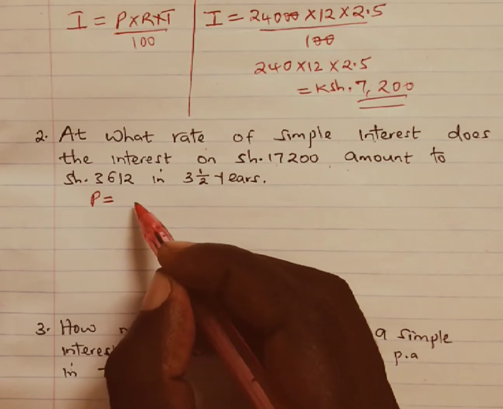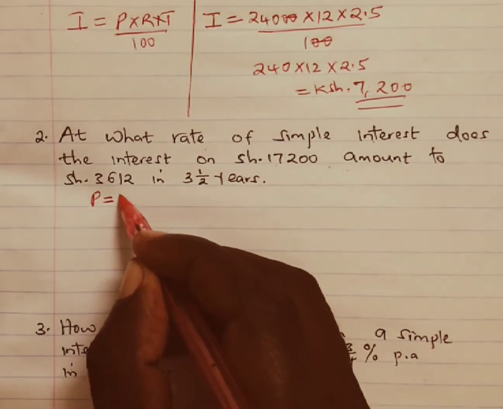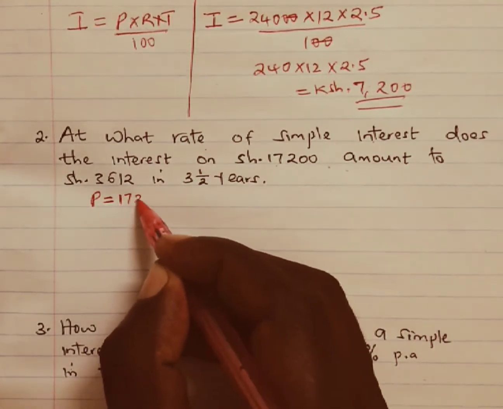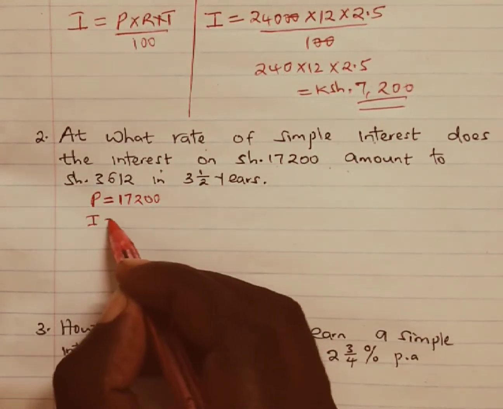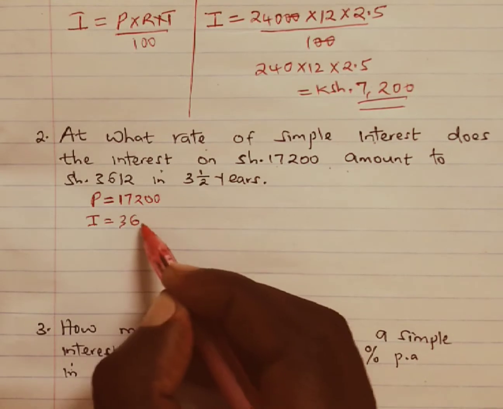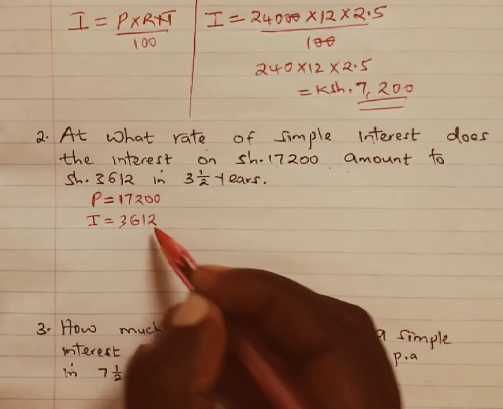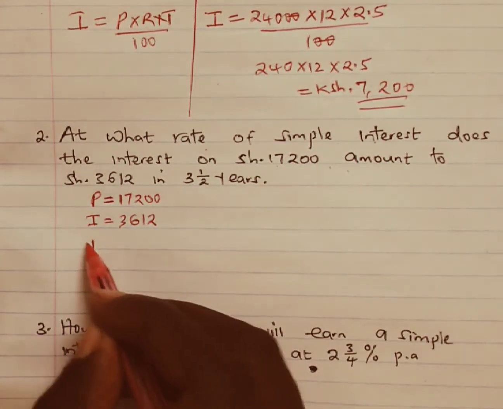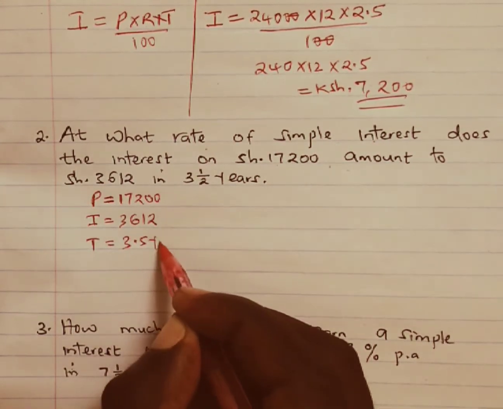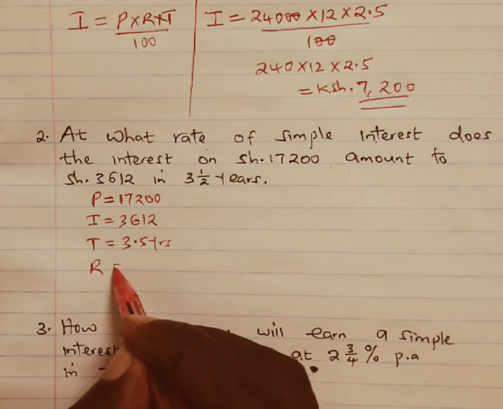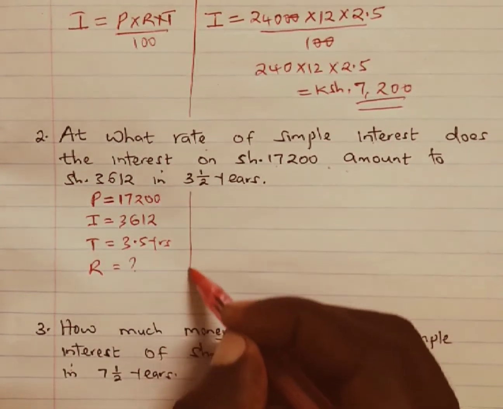Principal is the amount borrowed or deposited, and this amount 17,200 is supposed to earn an interest equal to 3,612 for a period of 3.5 years, but we do not know the rate of interest.